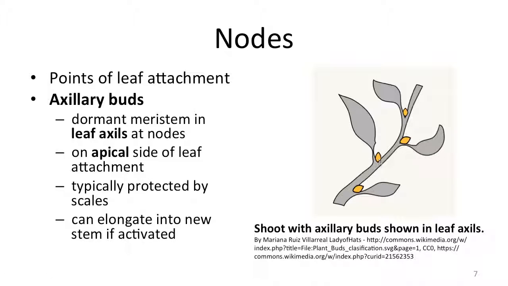However, if something happens, for example, if the top of the stem is bitten off by an herbivore, then these axillary buds can become active and they can elongate into their own stem. Also sometimes, an axillary bud that is far down, far away from the tip, might simply become active such that the plant can grow a new stem and look for light in a new area.